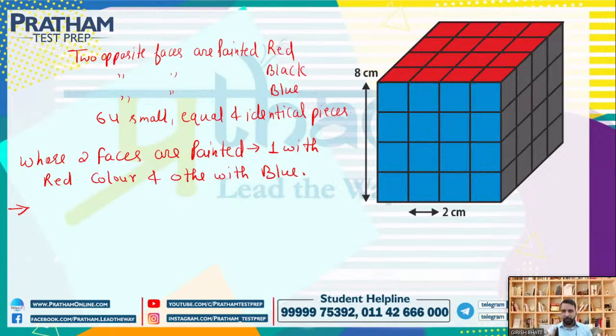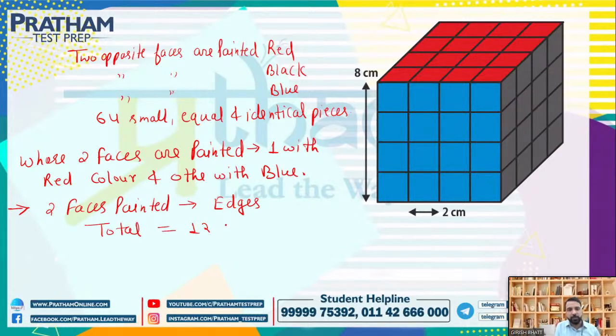So, okay, let me explain what we have given. Where do two painted faces occur? If I'm talking about two faces painted, that means I'm looking for edges, right? Total, how many edges do we have? Total, we have 12 edges, right? This is a uniform figure, right?